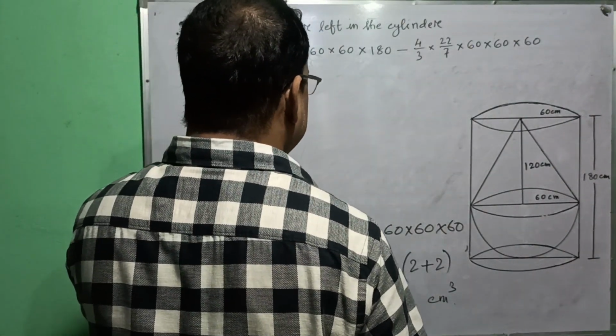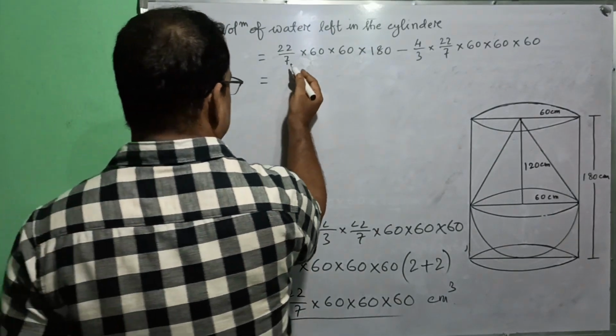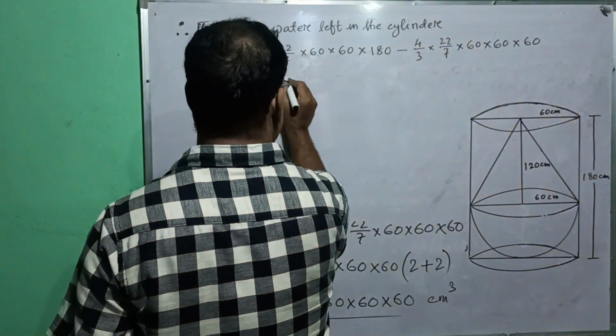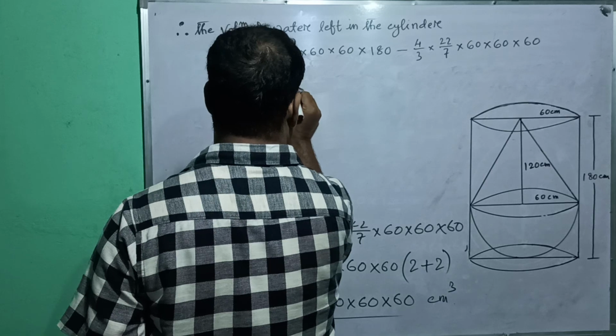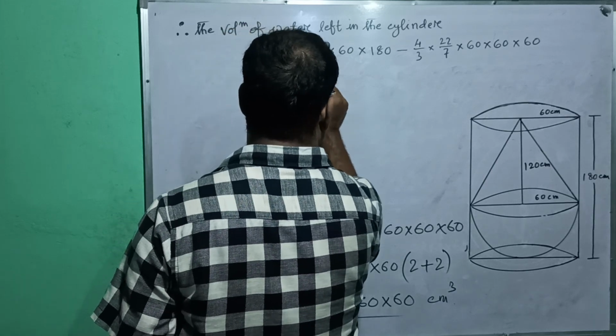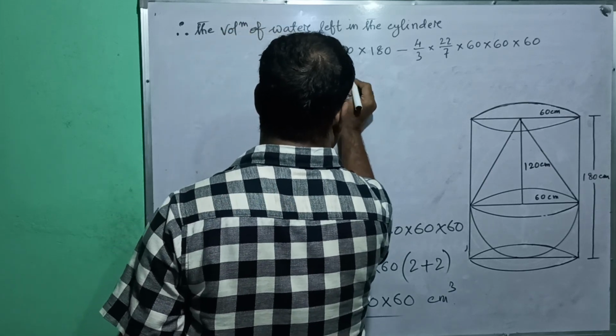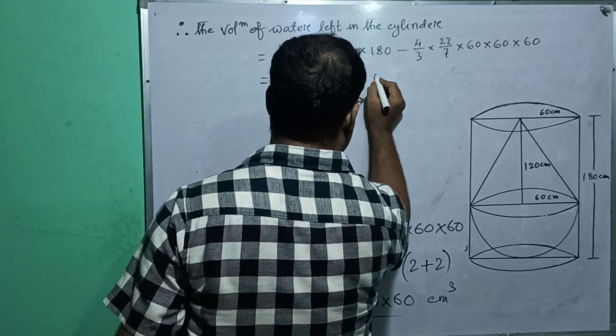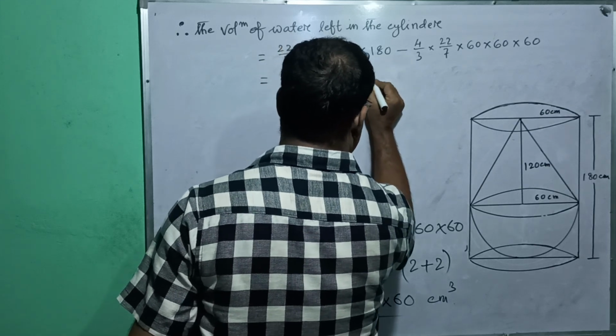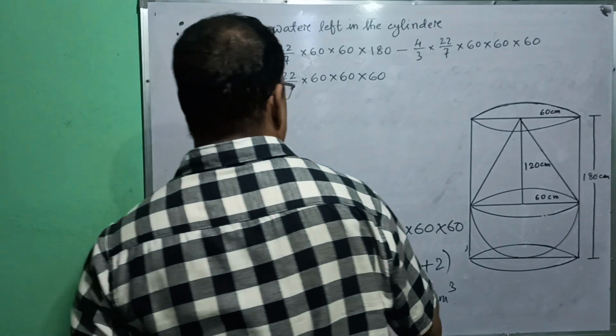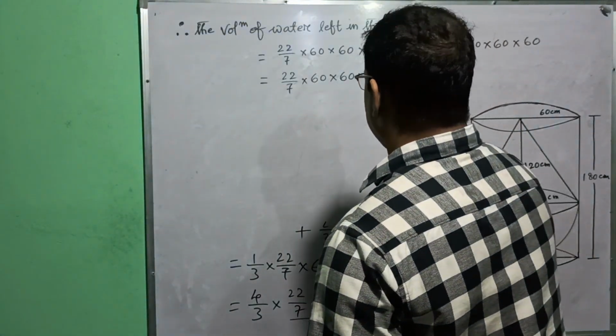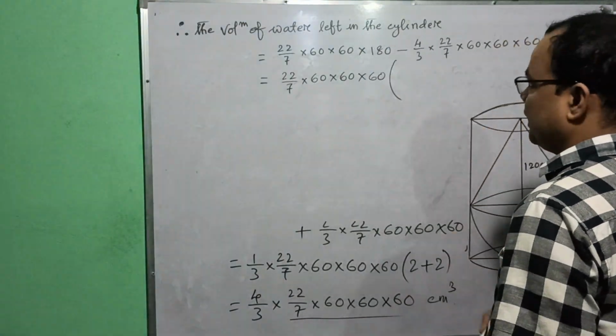Now here also we can take the common. You can see here 22 by 7 is there. So 22 by 7 into 60 into 60 into, here also we can write 60 into 3. So 60 is common. And we will give bracket.